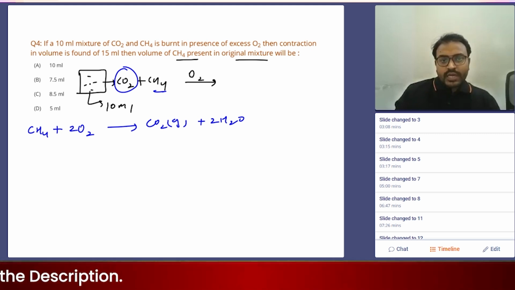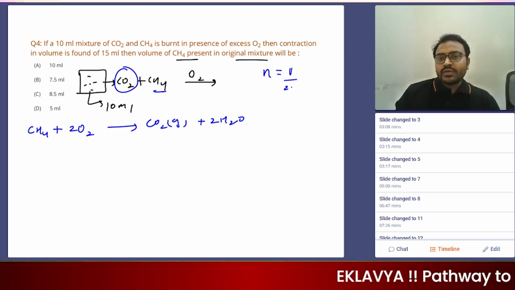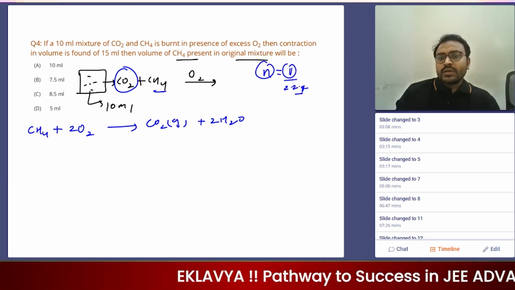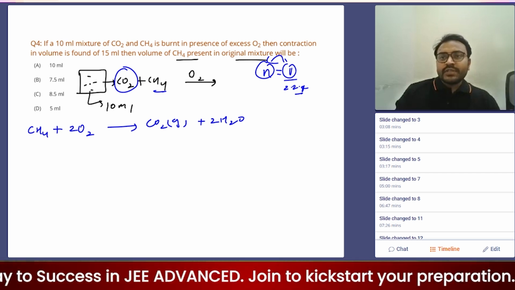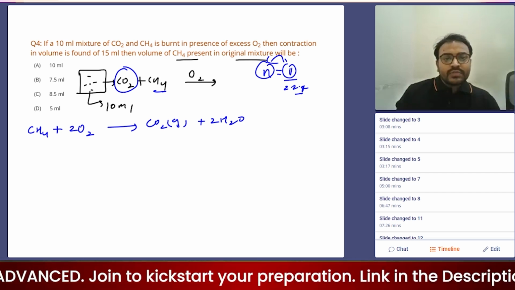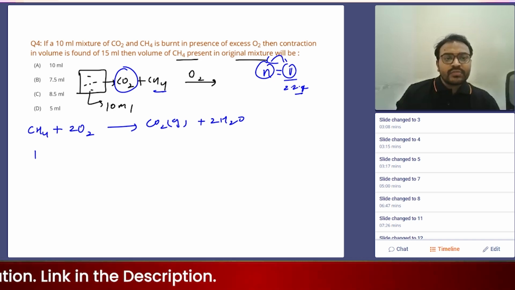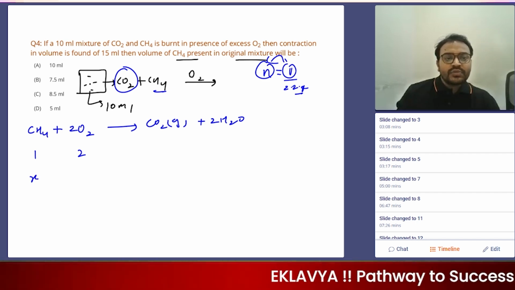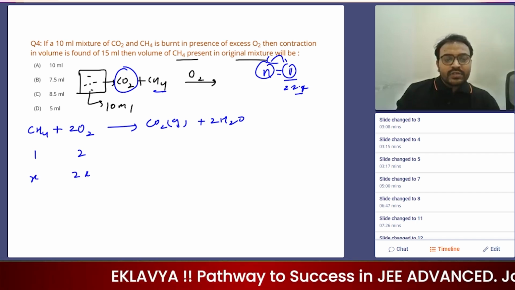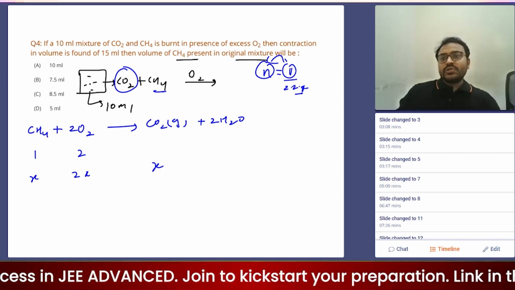We can deal with this question in terms of moles, because number of moles is equal to volume by 22.4 liters, so volume and number of moles are correlated. According to the stoichiometry of the reaction, 1 mole of CH4 reacts with 2 moles of oxygen, so X mole of CH4 will react with 2x mole of oxygen, and we get X mole of CO2.